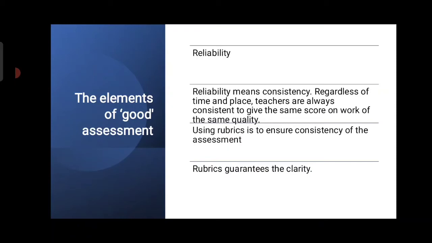For example, regardless of time and place, if you want to have your assessment reliable, you will always be consistent to give the same score to particular work your students have prepared.